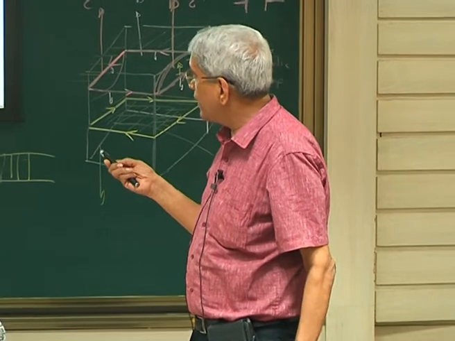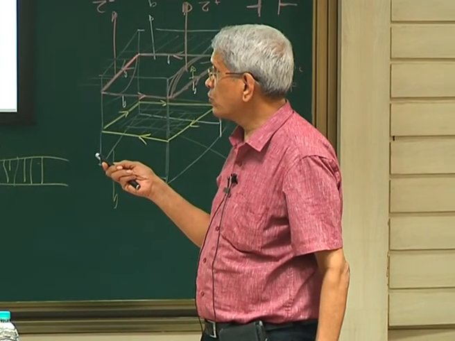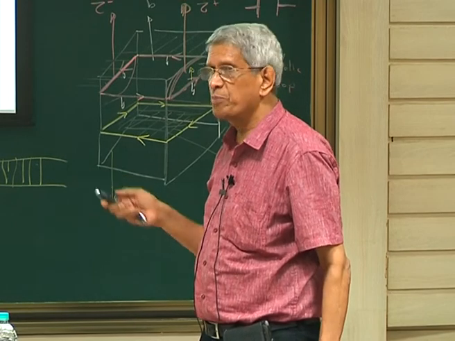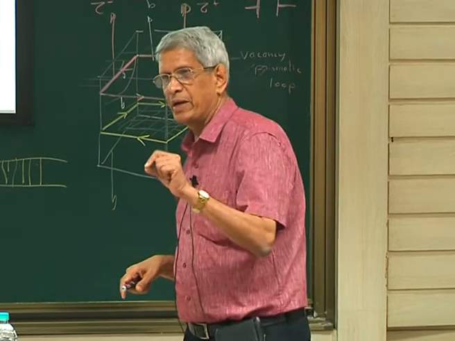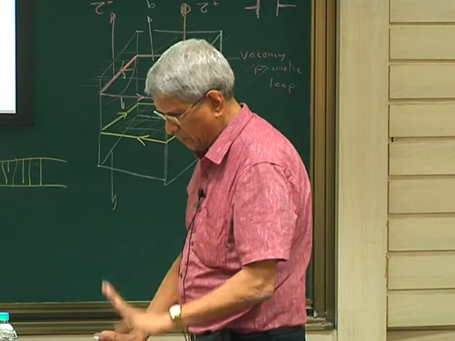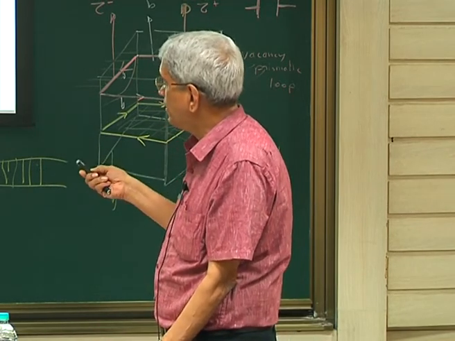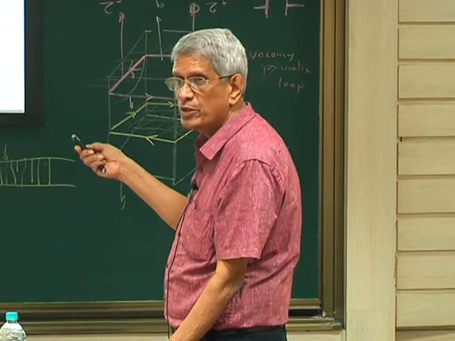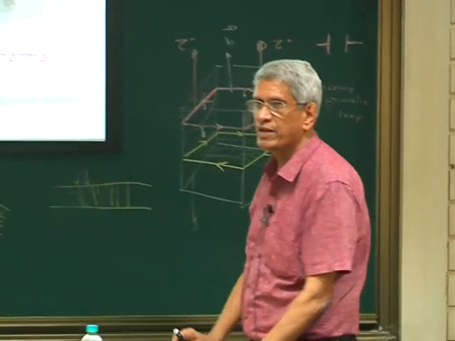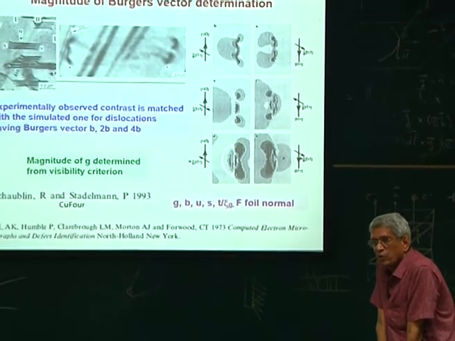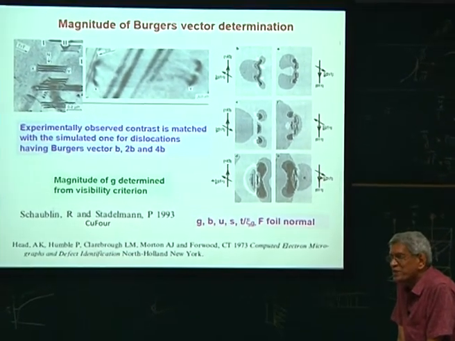The next one, which is also very important, is a system where a fault of this type could be created by partials with Burgers vectors 1/6<112>, or 1/3<112>, that is twice or 4 times that of it. This is because it's in an ordered lattice. So I do not know which is the partial vector.